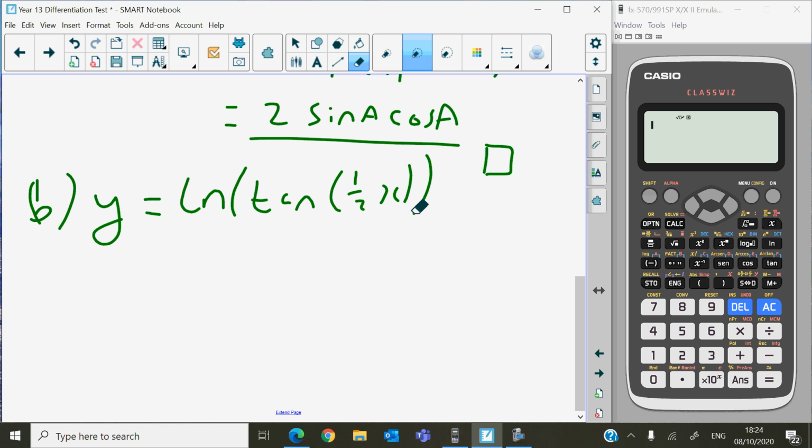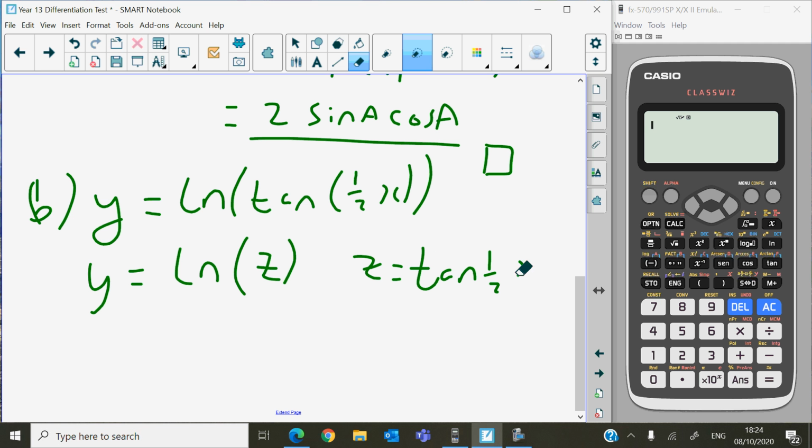Okay, so we've got a bit of a chain rule going on there. But it's tricky because it's a double chain rule. So some people may find it easier to consider this in terms of z. So I could have log of z, where z is equal to that tan a half x.